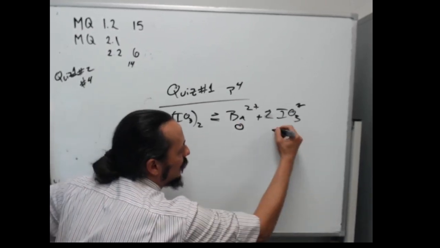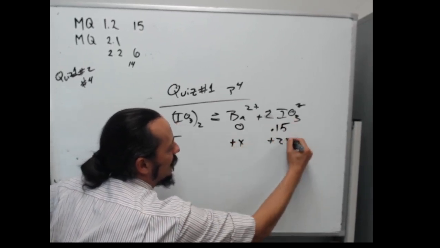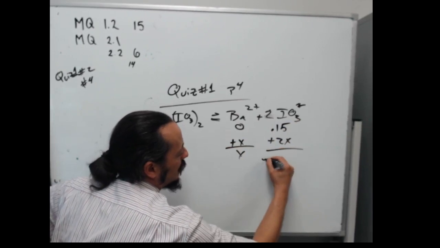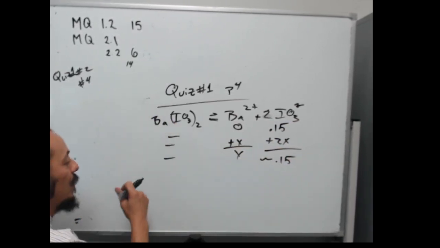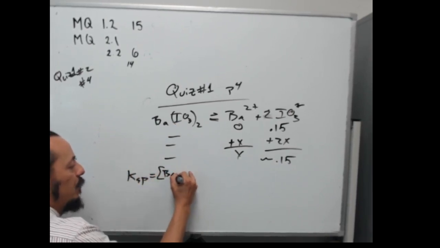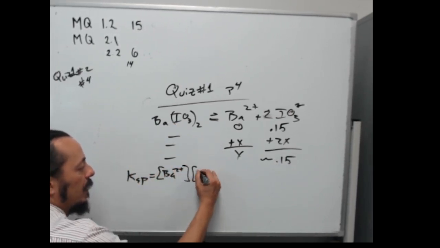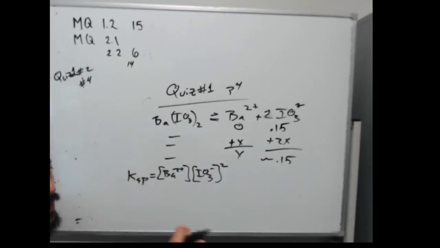0.15? For me, it was different, but you got different numbers. Plus x plus 2x, approximately 0.15. You'll notice a lot of times when I'm solving this in the classroom, I still go through the trouble of writing Ksp is equal to barium 2 plus times IO3 minus squared, and then I plug in all of my numbers.